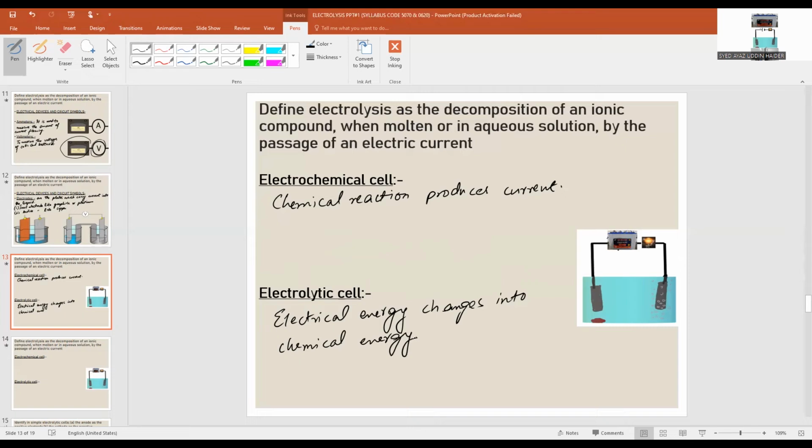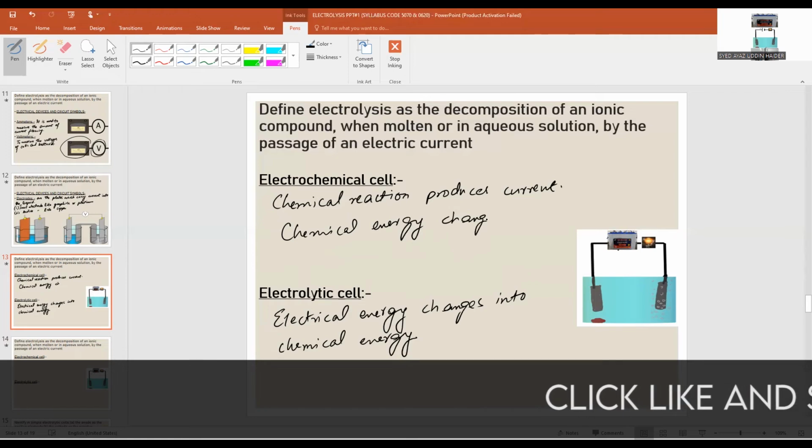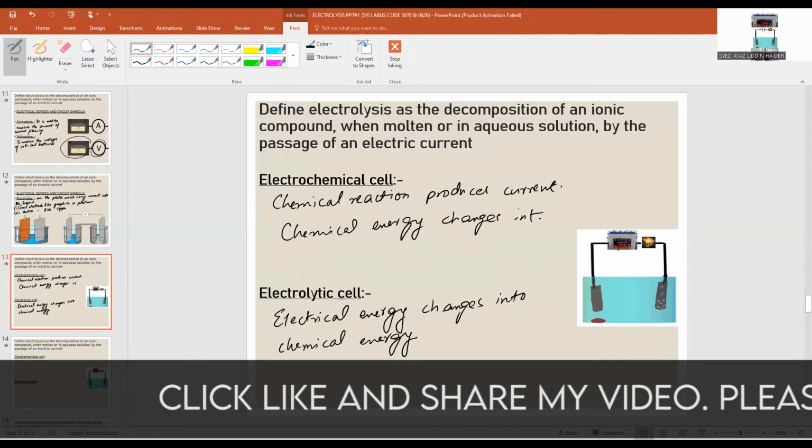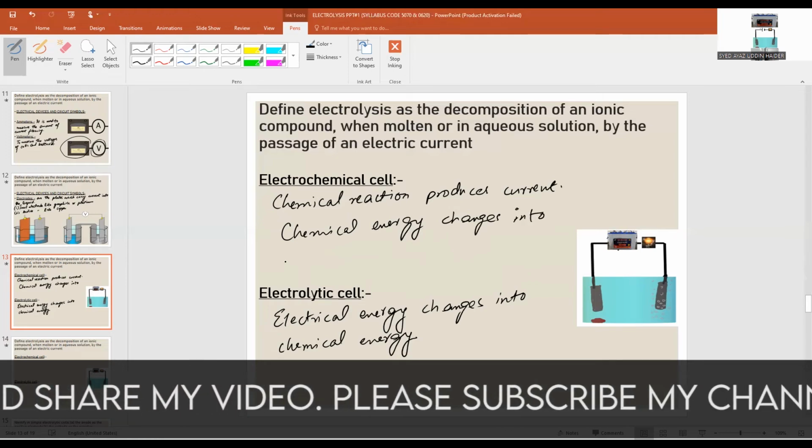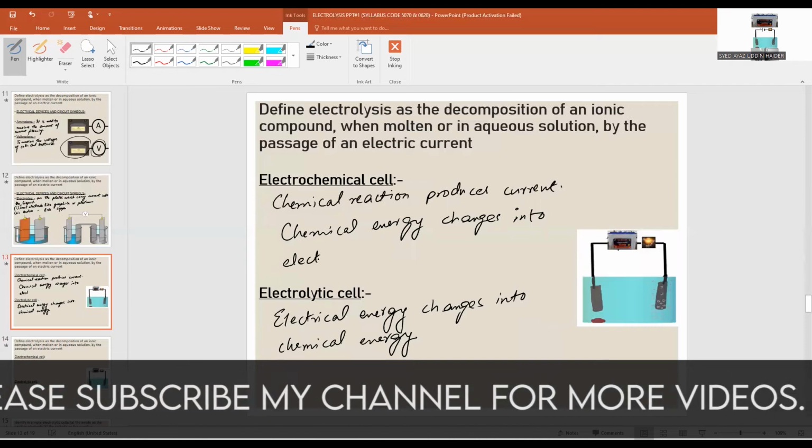So you can write for electrochemical cells, chemical energy changes into electrical energy.